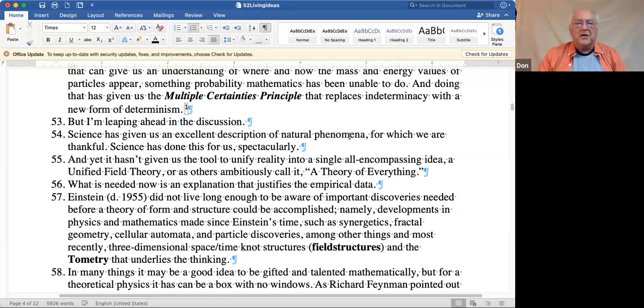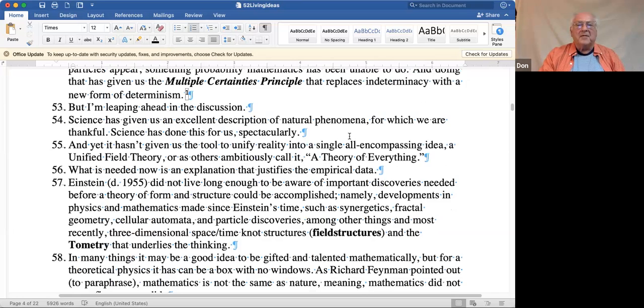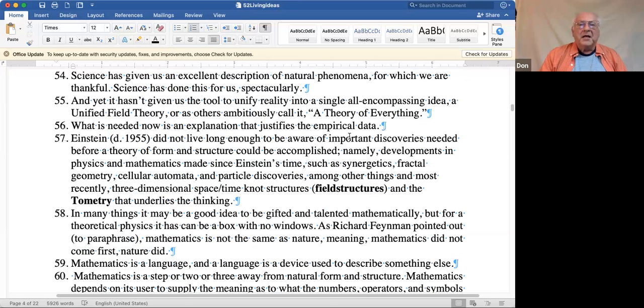Science has given us an excellent description of natural phenomena, for which we are thankful. Science has done this for us spectacularly, and yet it hasn't given us the tool to unify reality into a single, all-encompassing idea, a unified field theory, or as others ambitiously called it, a theory of everything. What is needed now is an explanation that justifies the empirical data.